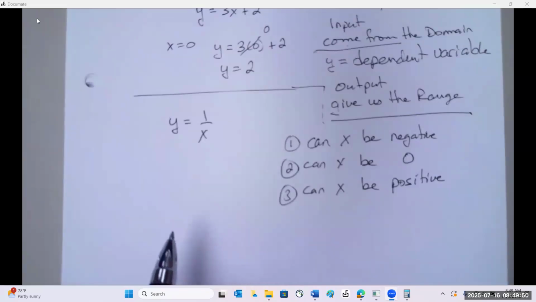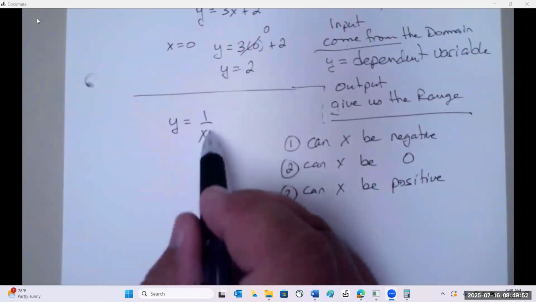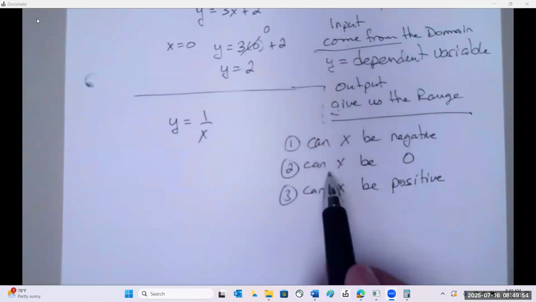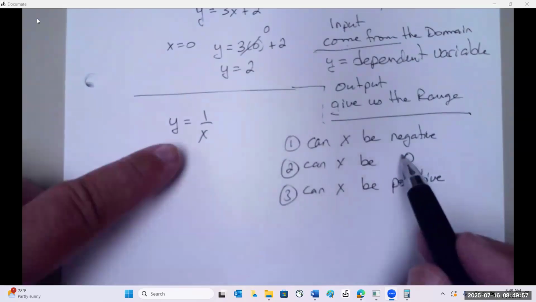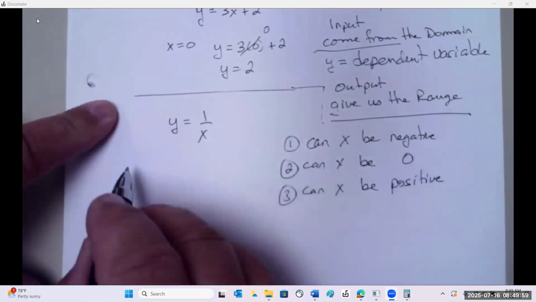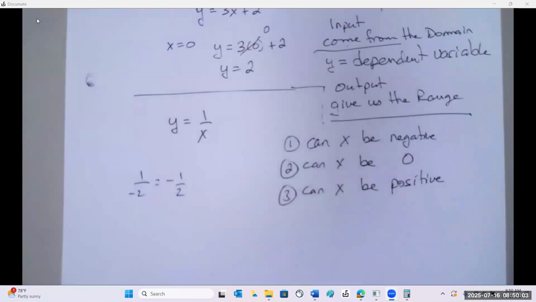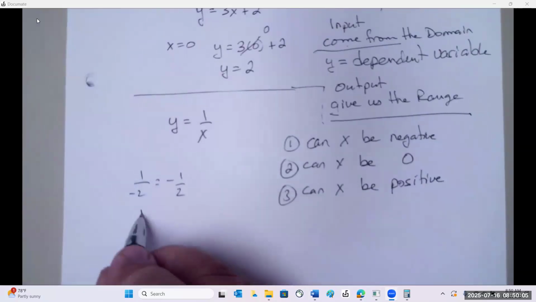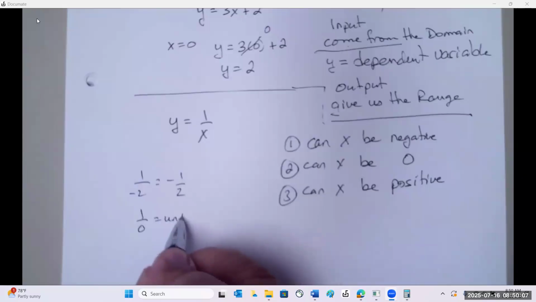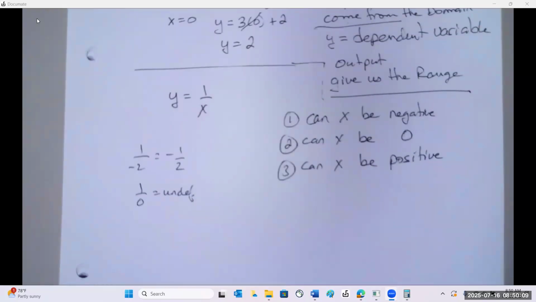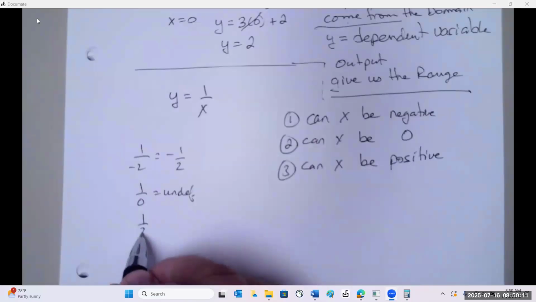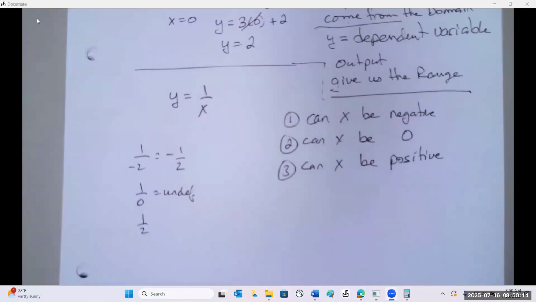Cannot be 0. So the only rule we have is the denominator cannot be 0. It can be negative. If I put 1 over negative 2, it's the same thing as negative 1/2. That's not a problem. Can I put 1 over 0? No, it's undefined. Can I put a positive number in there? Yeah, 1/2 is 1/2.